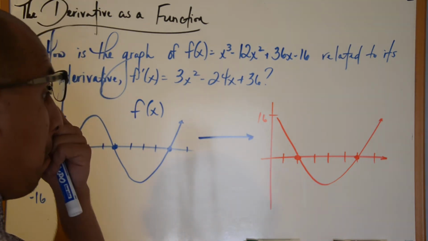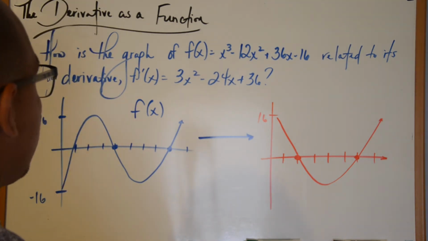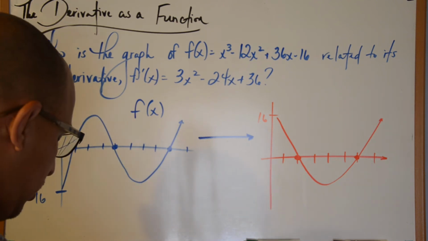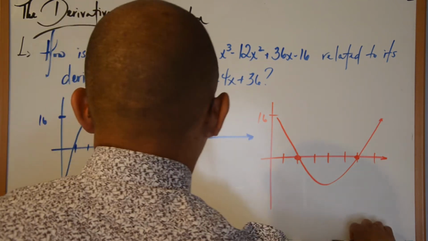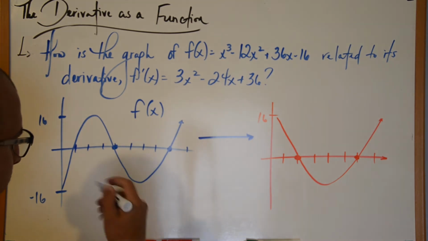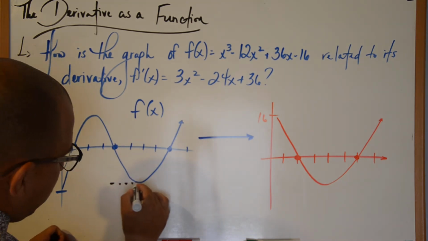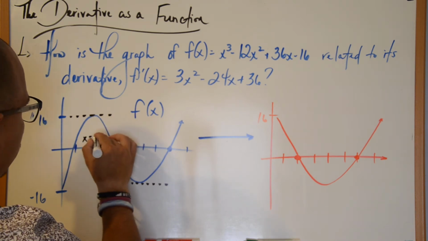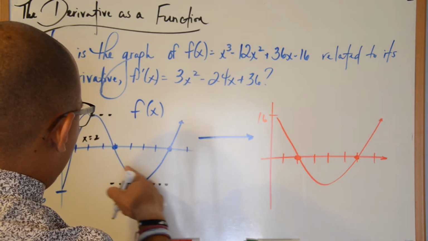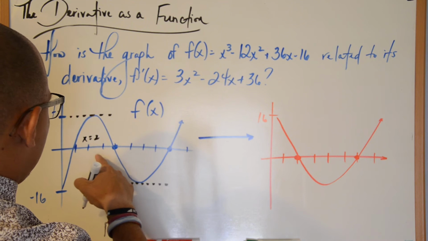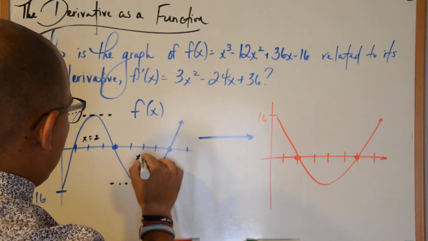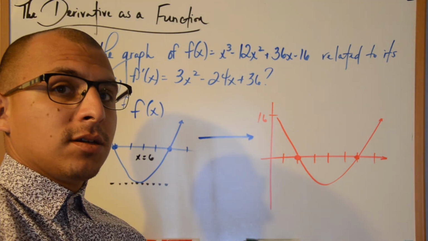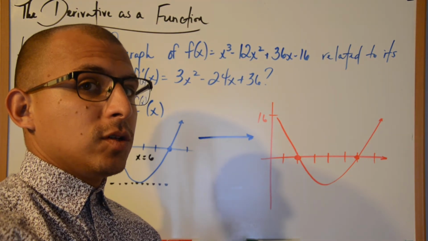So let's examine. If we take a look at the original function, right, we can see that the original function has horizontal tangent lines at x equals 2 and x equals 6, okay, which means that their slope is equal to 0.